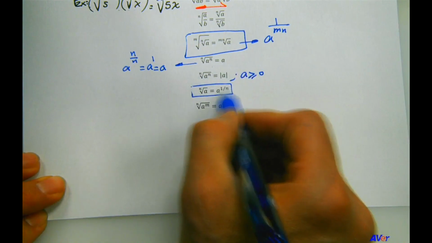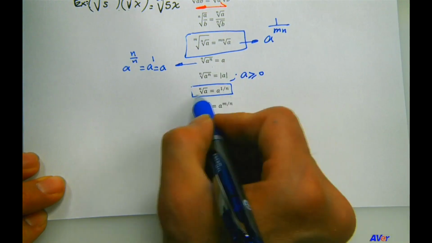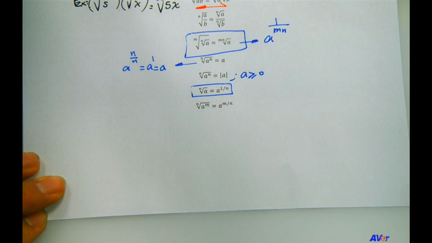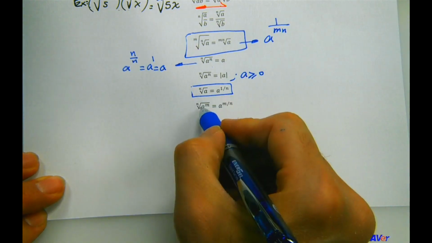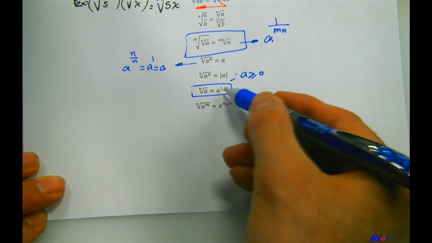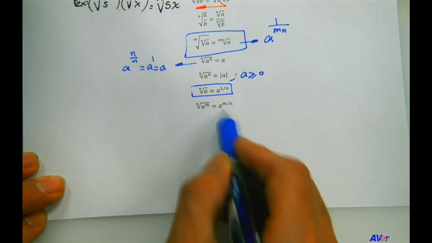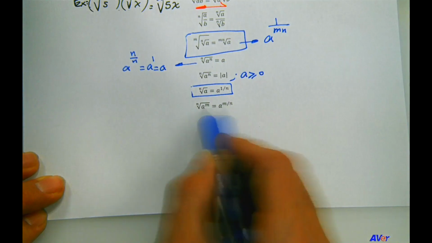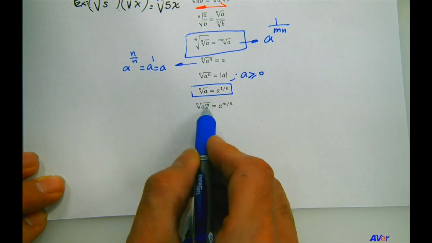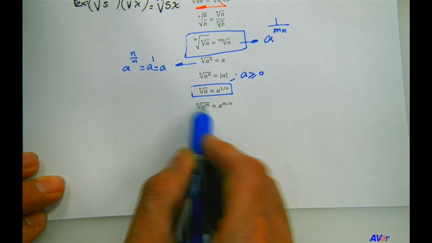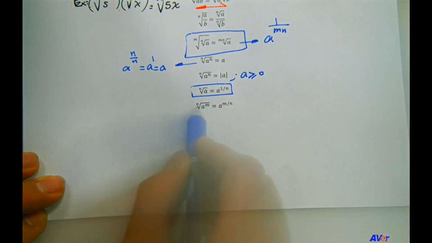You can rewrite any rational exponent in terms of a radical expression. And this one is another property that is very, very similar to that. So nth root of a to the m power is equal to a to the m over n power. The power on the inside, divided by the index, which is n in this case.